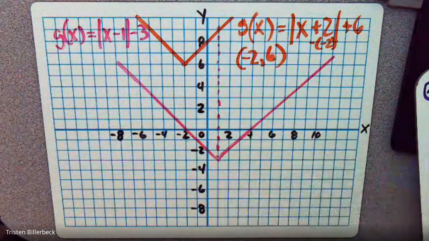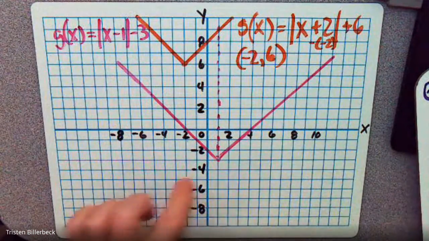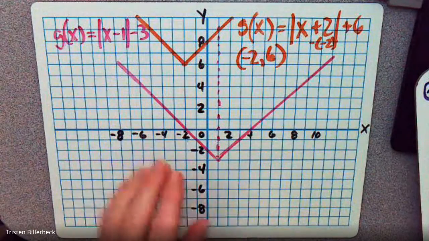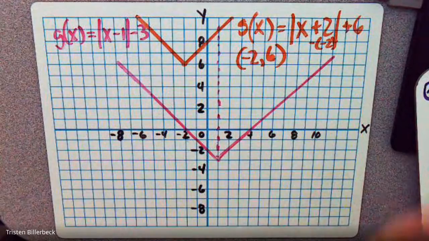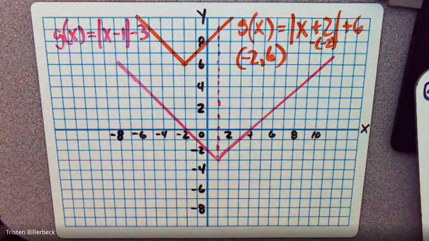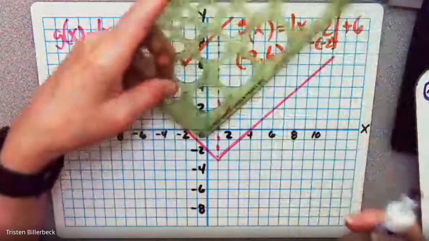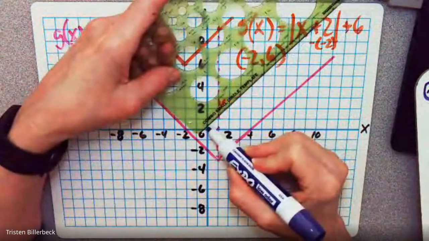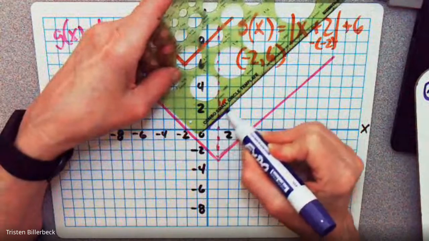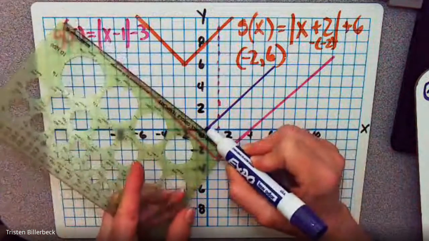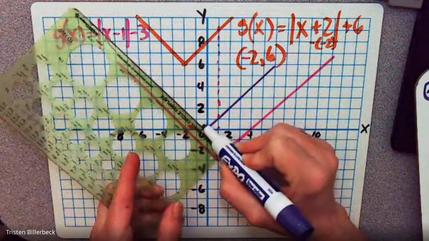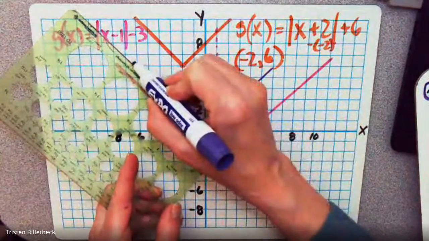All right, so we've translated the parent. Okay, let me draw the parent really quickly. So the parent will be in purple. So here is our parent, and all we're doing is moving it around, moving that vertex around.